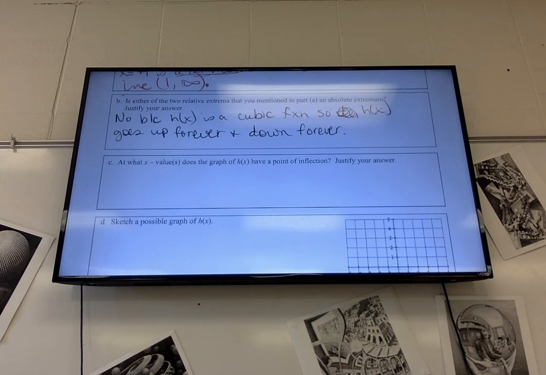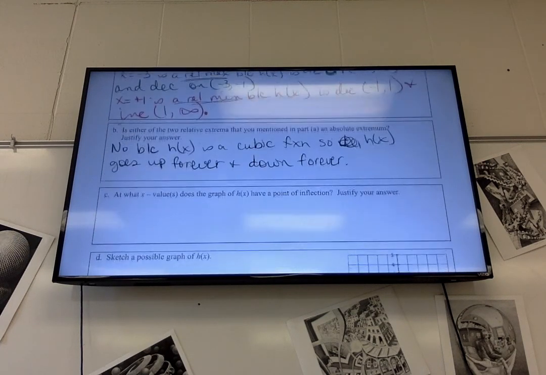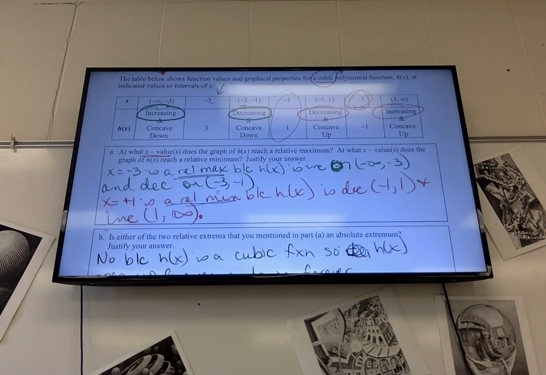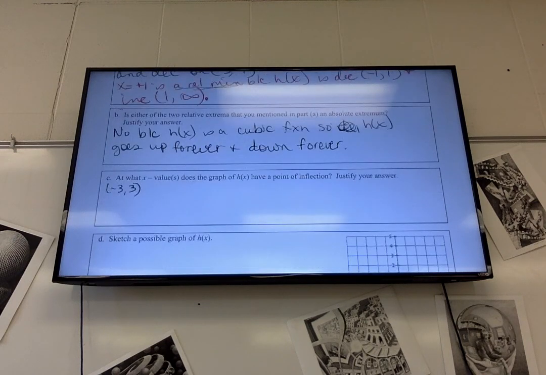Halfway between those two. So those two are -3, 3. That was our relative max. And our relative min was 1, -1. So our midpoint would be -3 plus 1 over 2, and 3 plus -1 over 2.